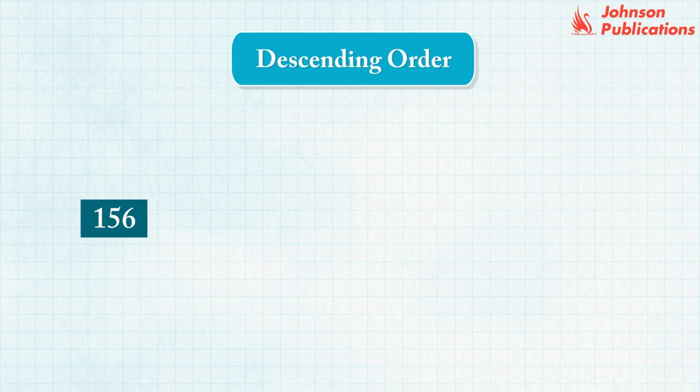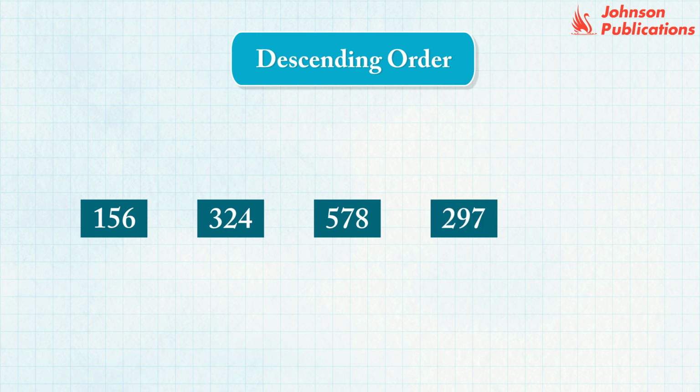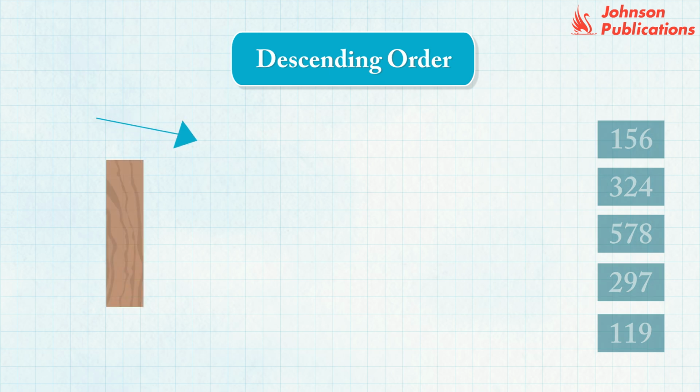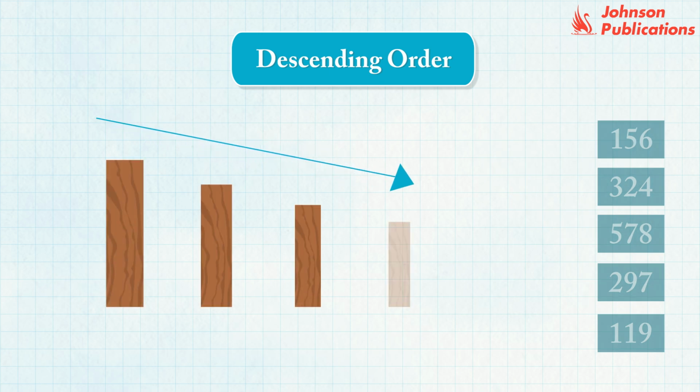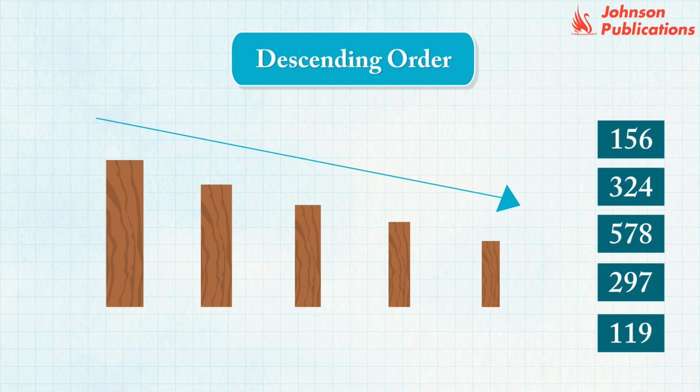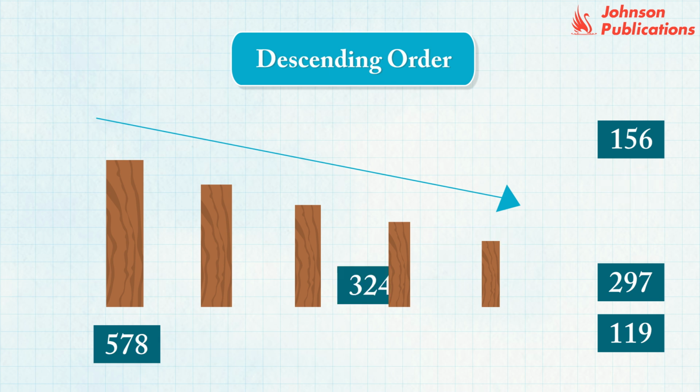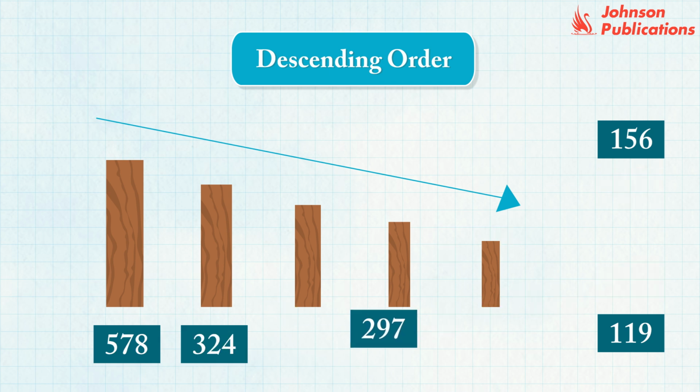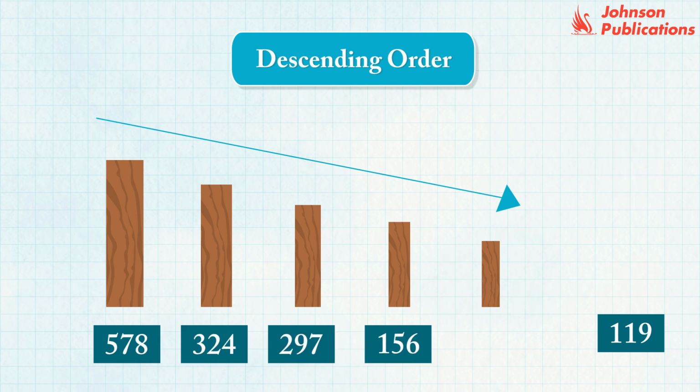Now arrange the numbers 156, 324, 578, 297, and 119 in descending order. We know that descending order means arranging the numbers from bigger to smaller. Thus, in descending order, these numbers are arranged as 578, 324, 297, 156, and 119.